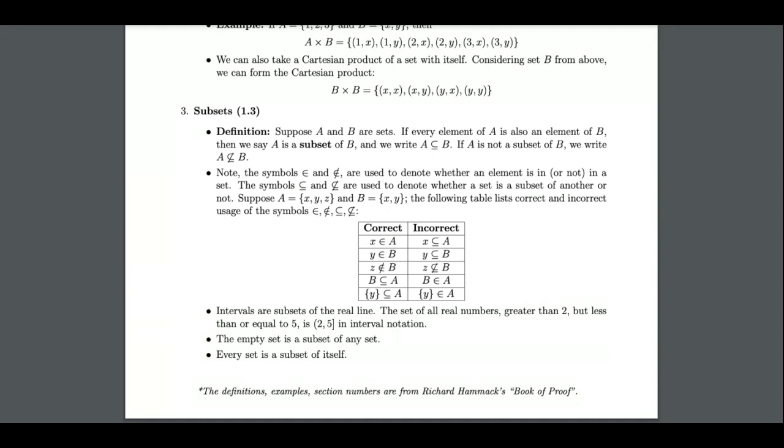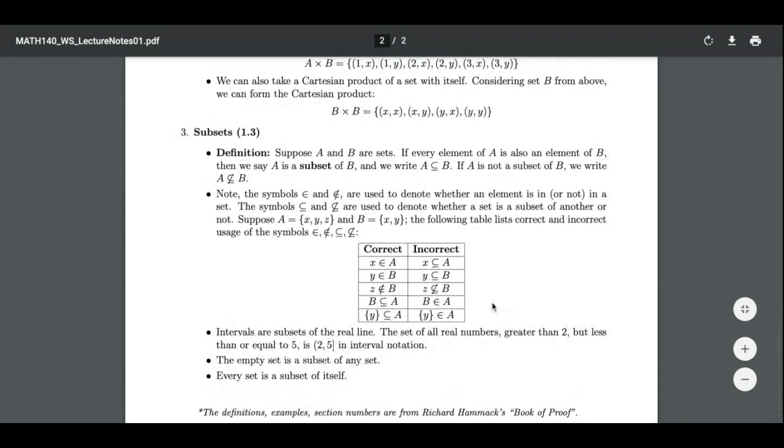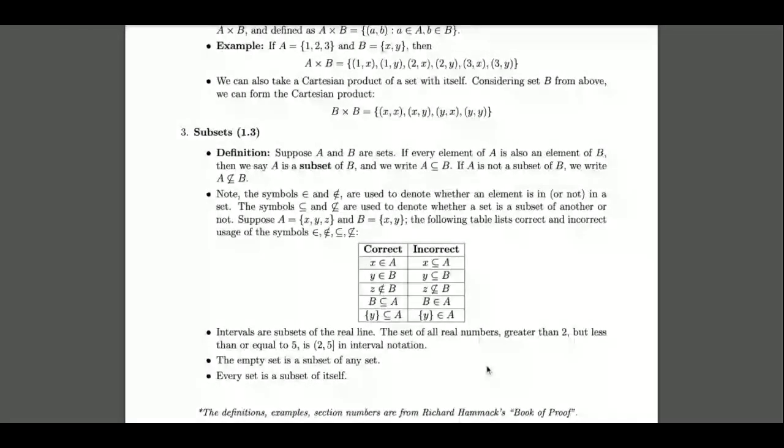Okay, let's see if this is better. Let me know the changes. Hopefully now it's better.